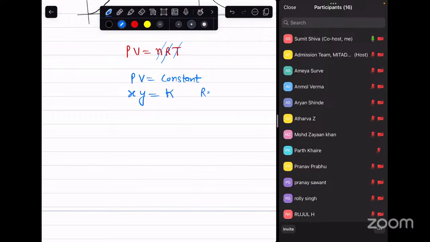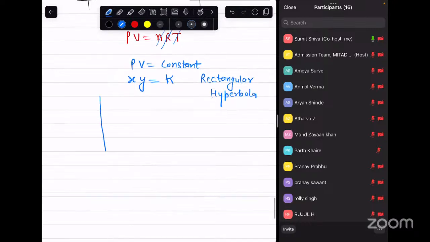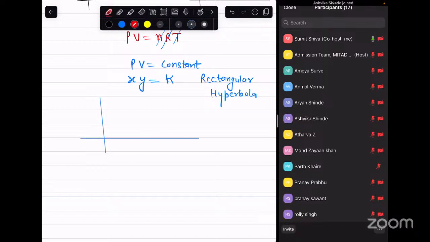This is known as rectangular hyperbola. If you plot the graph of a rectangular hyperbola, one parameter will be on the y-axis, one on the x-axis, and the graph will go something like this.